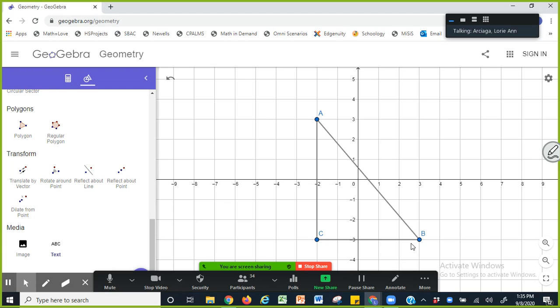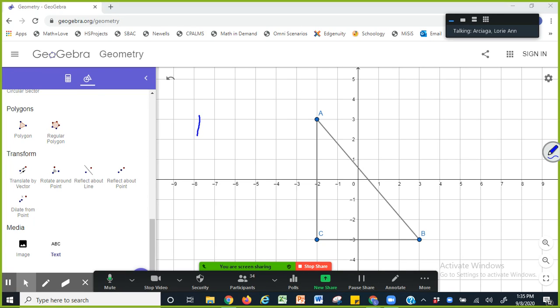For the altitude or the height, since all of these are drawn to scale, you can just count the number of boxes. That's 1, 2, 3, 4, 5, 6. Or another way to do it is using our absolute value distance formula.